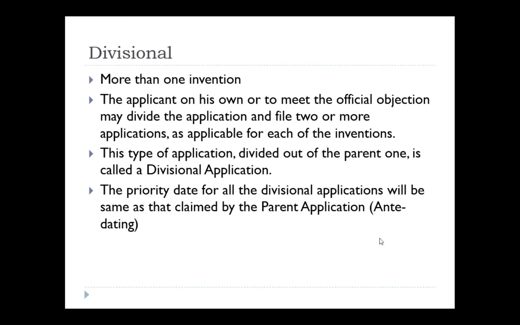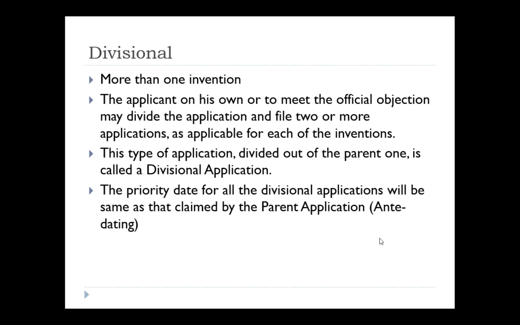It is the first time you are launching one application with two or more inventions combined together, but the priority date always follows the parent application, because knowingly or unknowingly you have disclosed the entire content to the public.